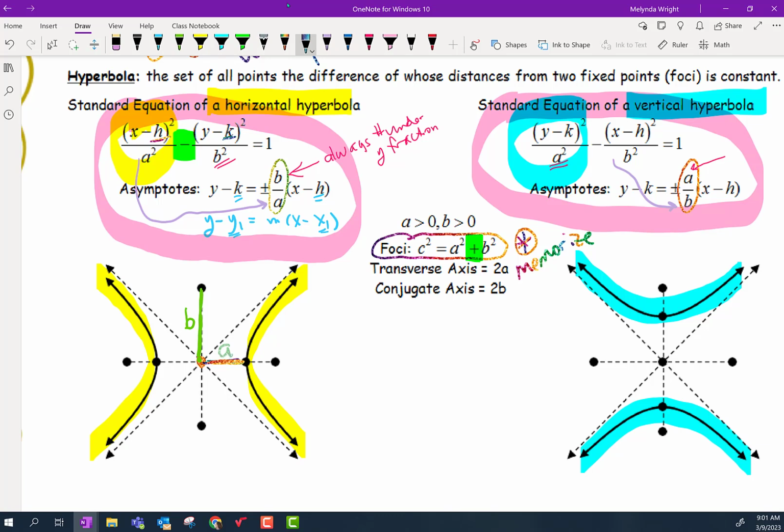what I do is I draw a little box. When we were working with ellipses, this point right here would have been called a co-vertex. But this isn't really a vertex because it's not attached to anything. It's just an alternate point.